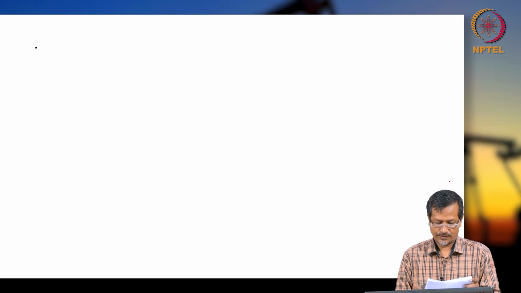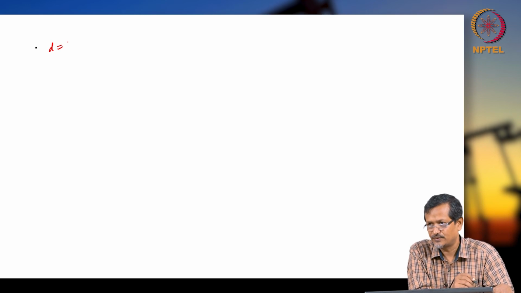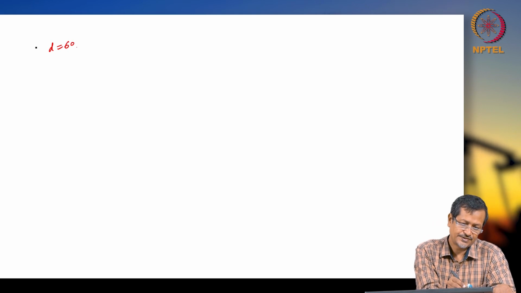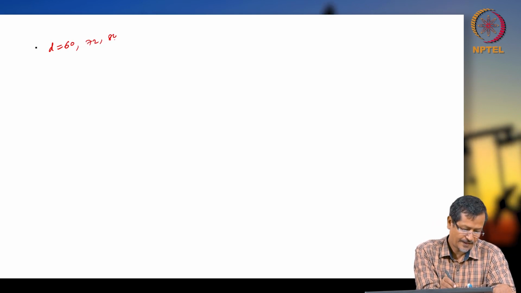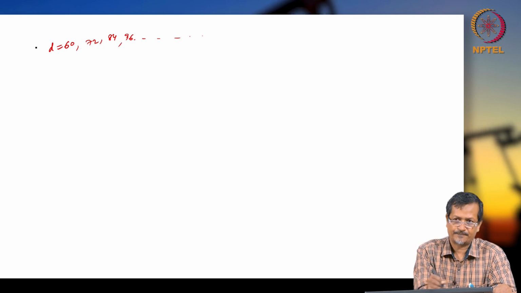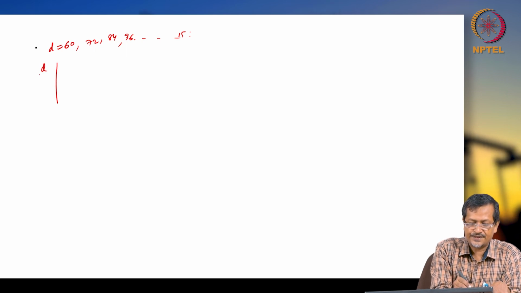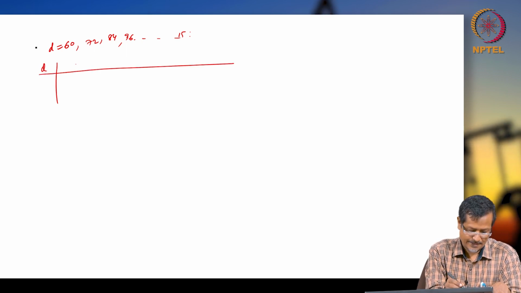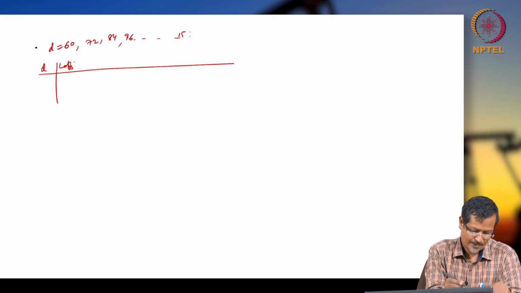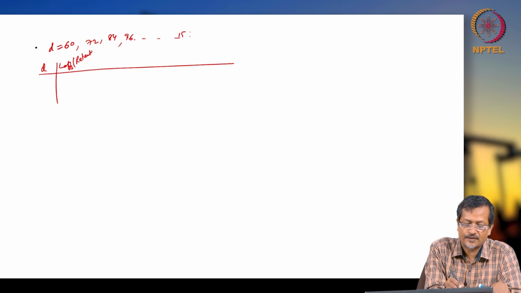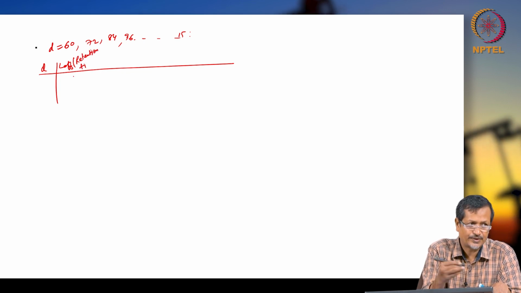Now we'll go to the next part of the same problem. The d value we will assume initially. In the book they have taken many values, 60, 72, 84, 96, up to 156, and they have made a table like this: d and Leff, and this one is taken from the retention time formula, d square Leff formula.